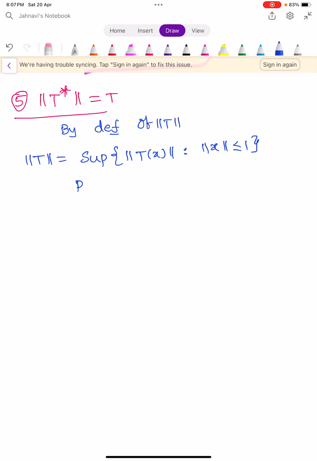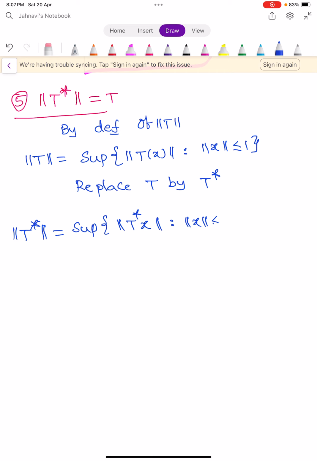Now replace T by T star in this definition. Obviously you get norm T star is equal to the supremum of norm T star x such that norm x is less than or equal to 1. Let it be equation number 1.